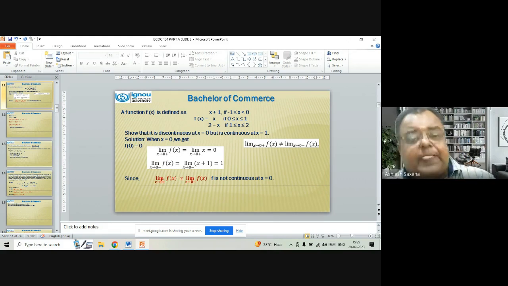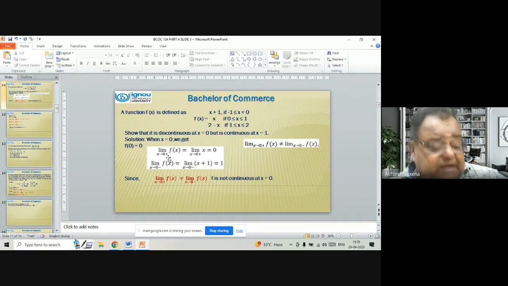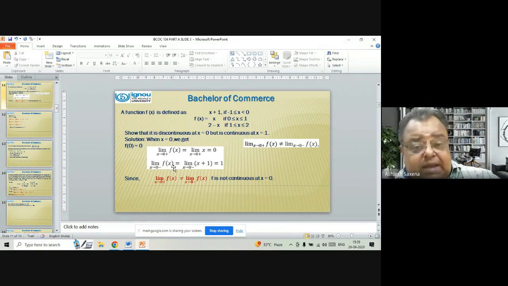Straight away, we will be putting x is equal to 0. The thing is, in which function to prove its continuity, we will be talking about continuity first. In continuity, your left hand limit and the right hand limit must be equal to the value of the function.